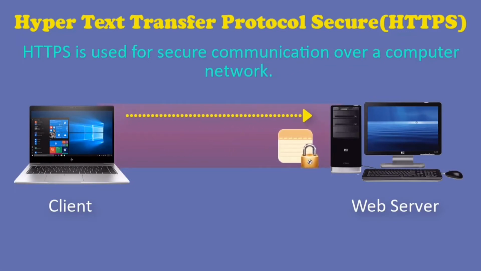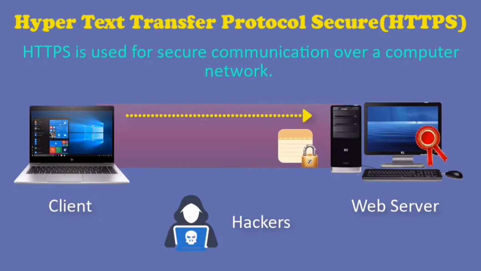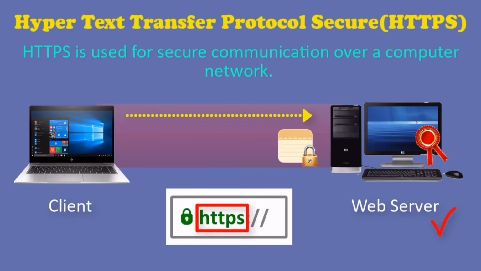This ensures data is protected from eavesdroppers and hackers. It also authenticates the web server by checking whether it has a valid certificate by a trusted authority. You can validate this by making sure your URL starts with HTTPS and there is a lock sign on the navigation bar.